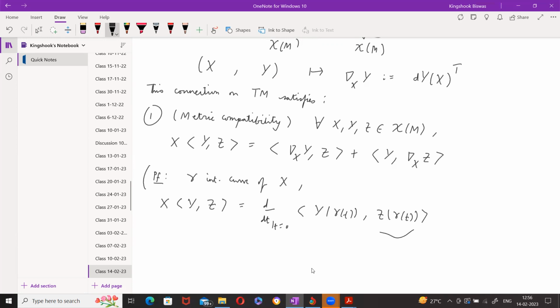Now this is the same as the Euclidean inner product, for which I have the Leibniz rule.